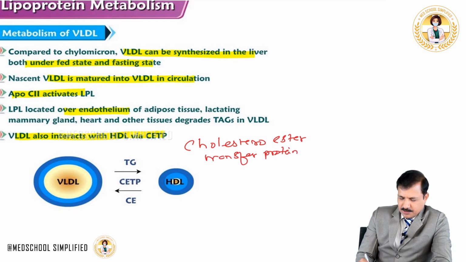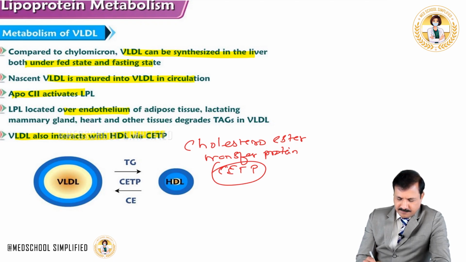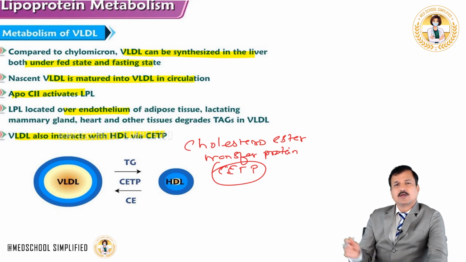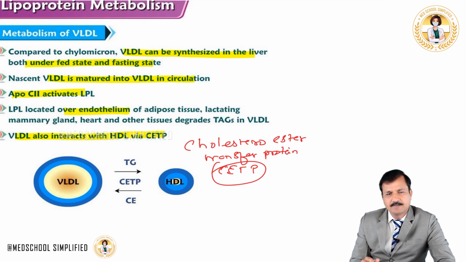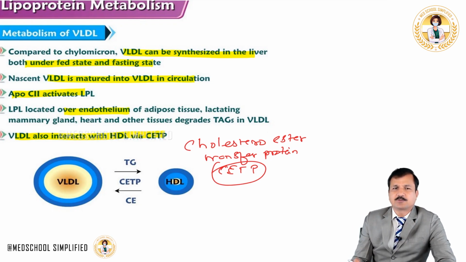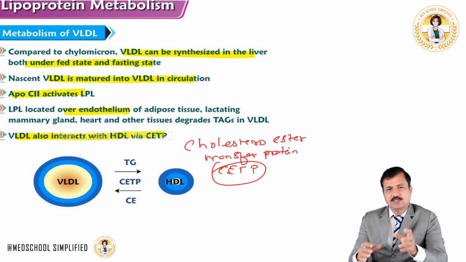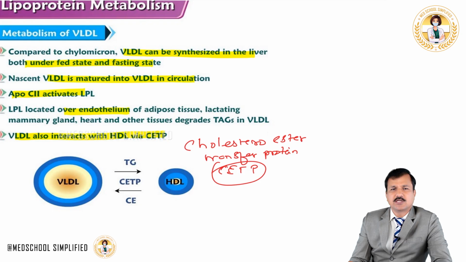And what does CETP do? As shown in the figure here, it gets cholesterol ester from HDL and puts it onto VLDL, and in return it takes triglycerides from VLDL and puts them onto HDL. That kind of exchange is done by CETP between HDL and VLDL.